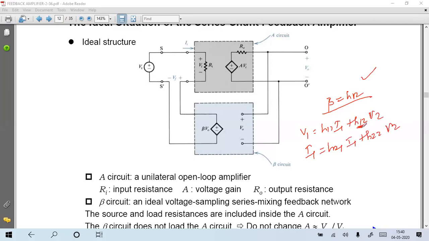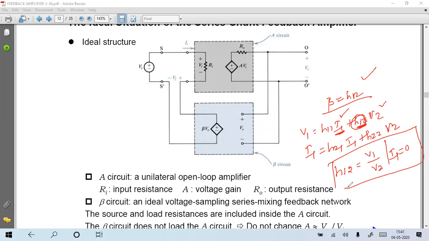How can we calculate H12? H12 is nothing but beta. We already discussed this in the two-port network analysis. When calculating H12, we consider I1 as 0, so only one source is acting alone. Then H12 is V1 divided by V2 with I1 as 0.